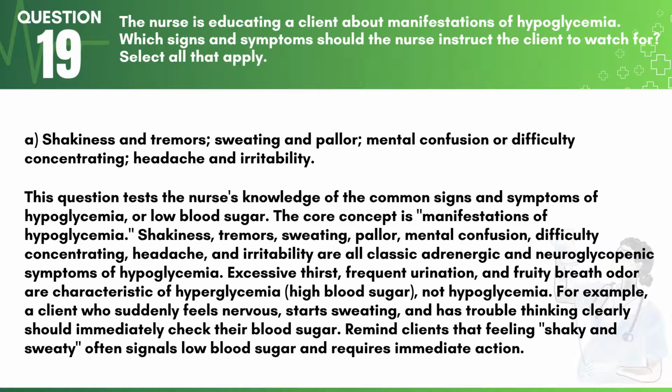Excessive thirst, frequent urination, and fruity breath odor are characteristic of hyperglycemia, high blood sugar, not hypoglycemia. For example, a client who suddenly feels nervous, starts sweating, and has trouble thinking clearly should immediately check their blood sugar. Remind clients that feeling shaky and sweaty often signals low blood sugar and requires immediate action.